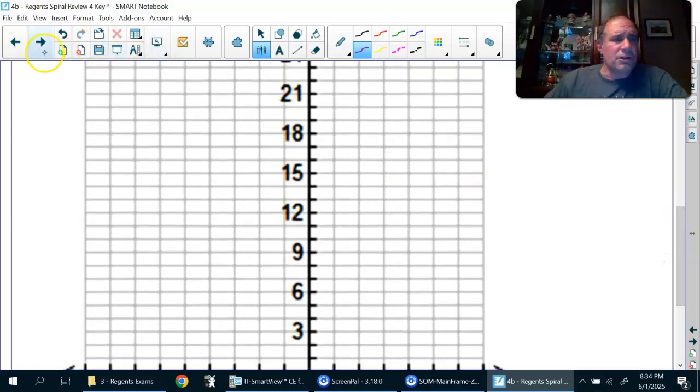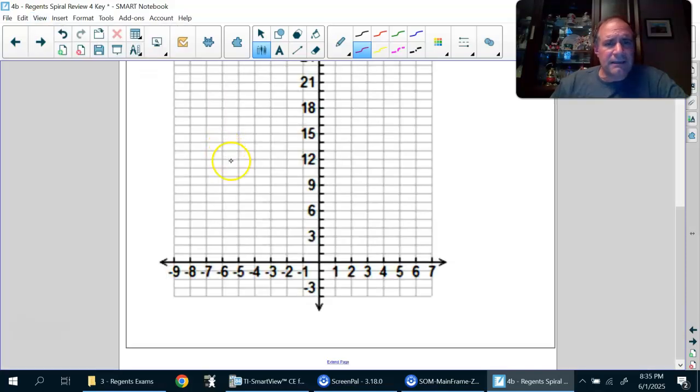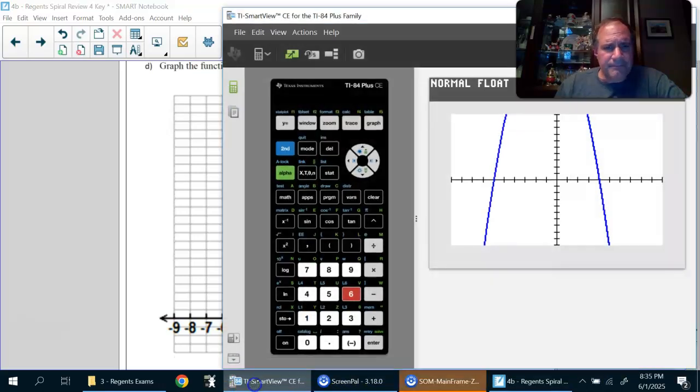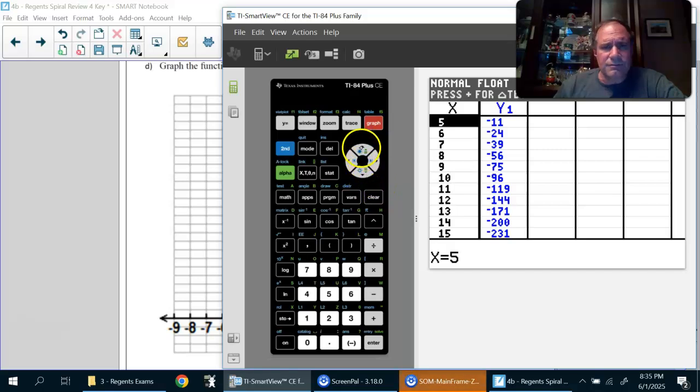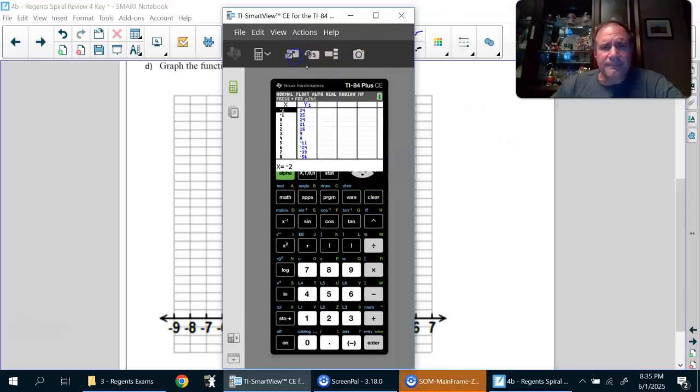I'm just going to go ahead and look at the table and graph this right now. So I'm going to go to second function table, and I'm going to go to negative 9 and see where we're at here. So actually, I'm not going to go to negative 9. You see, this is negative 224.